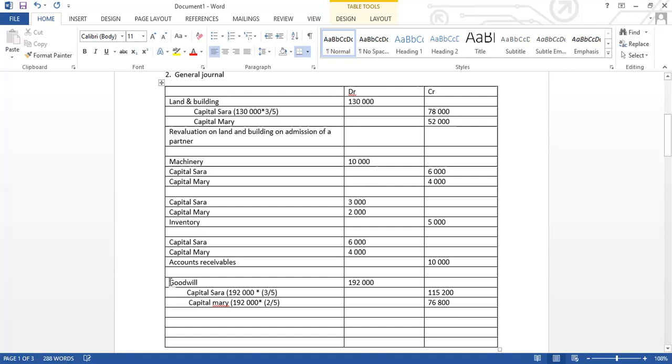So let me just show this. There is question 3. Now where do I read? Okay, somewhere here. Is it question 4? No, this is the journal entry to account for goodwill. And then we are still to go to question 4, where you have to show the journal entry to record the partner's contribution to equity of the partnership.